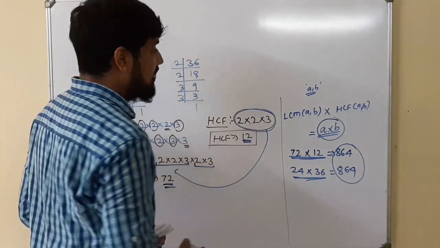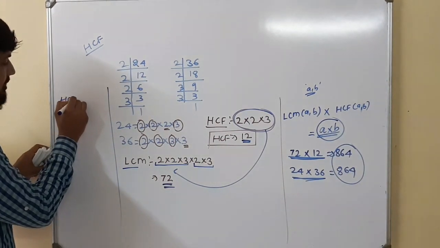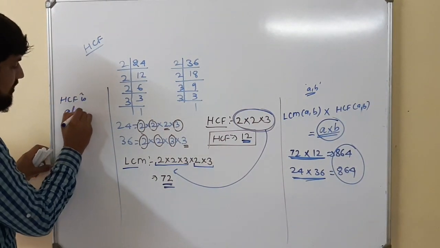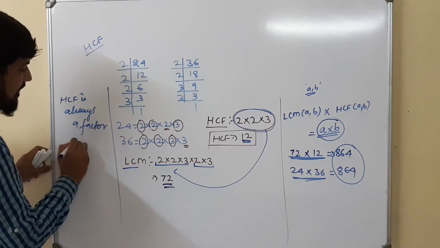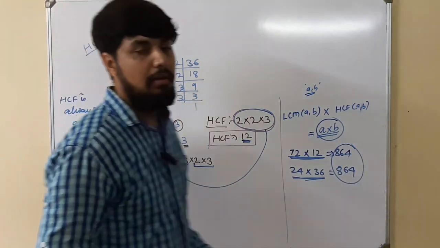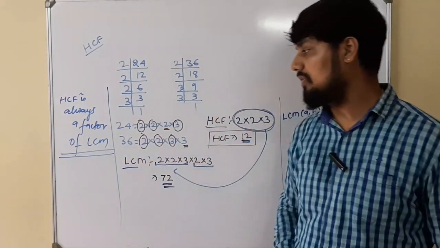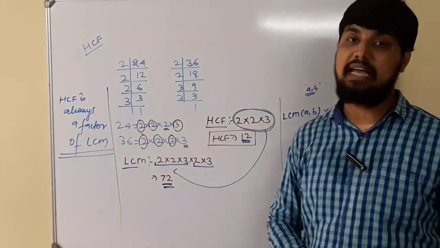So from this we can find the relation, which is that HCF is always a factor of LCM. Always remember, HCF is a factor of LCM. It means that LCM is completely divisible by HCF.